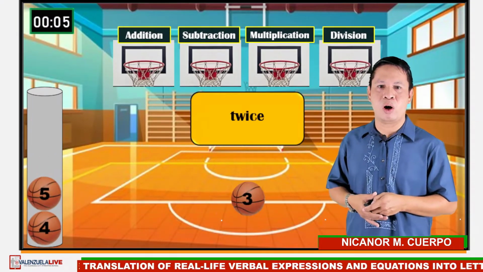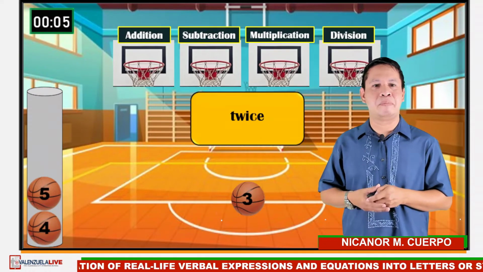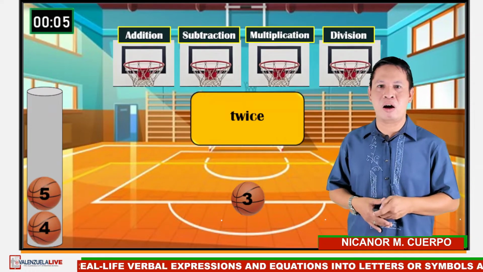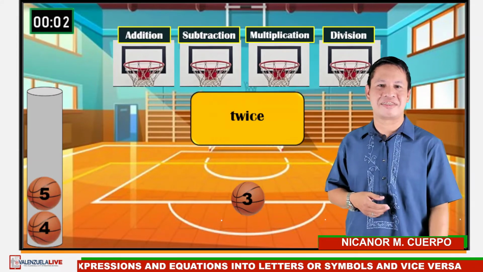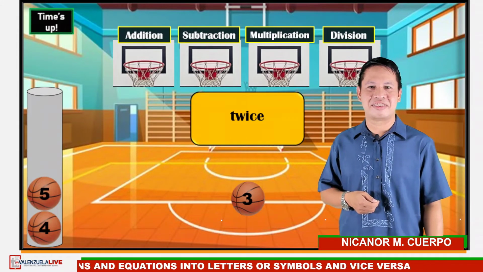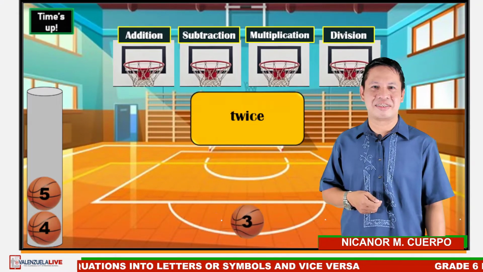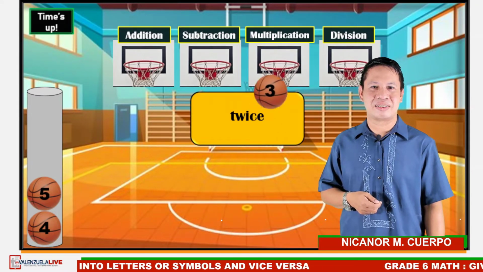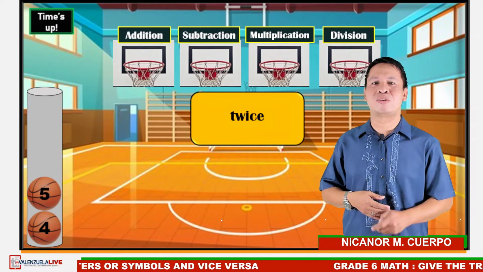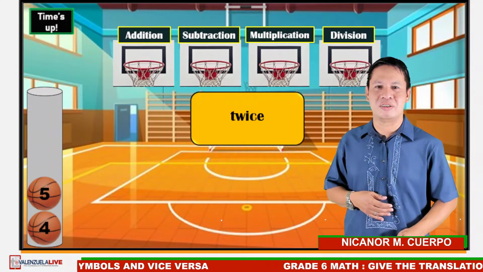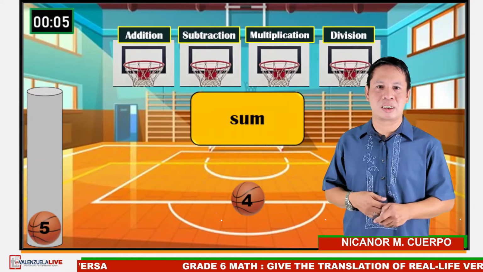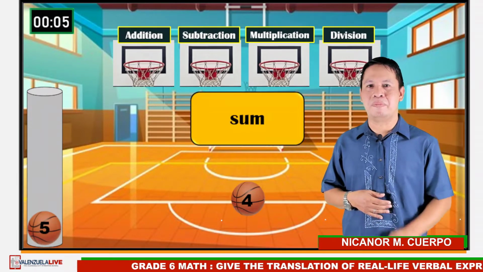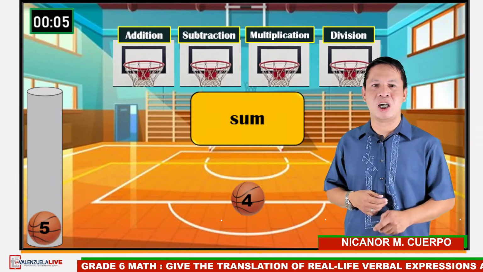For our third ball, twice. In 5 seconds, shoot that ball. Twice involves multiplication. For our fourth ball, sum. In 5 seconds, shoot that ball.